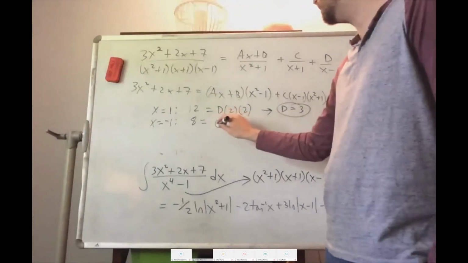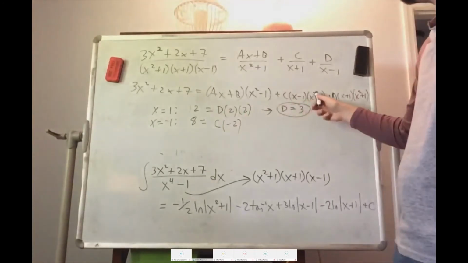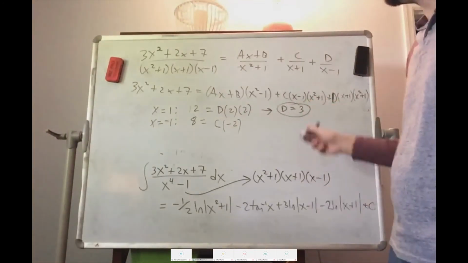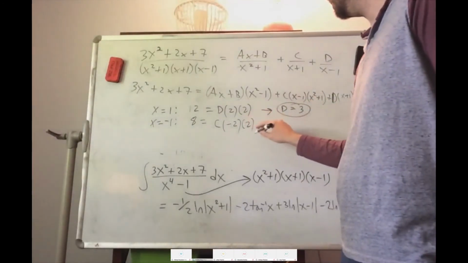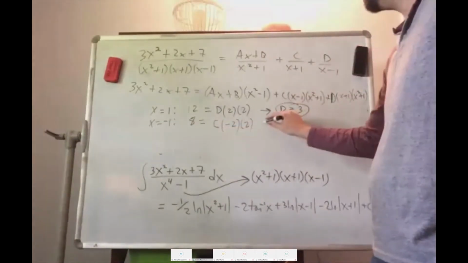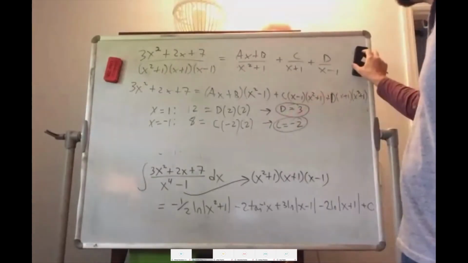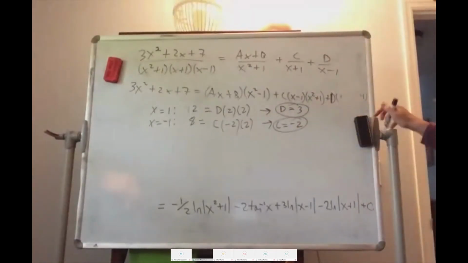So I get c times -1 minus 1, which is -2, times -1 squared, which is 1, plus 1 is another 2. So this looks like -4c equals 8. So c has to equal -2. Then you're stuck. So at that point, you've got to multiply everything up.